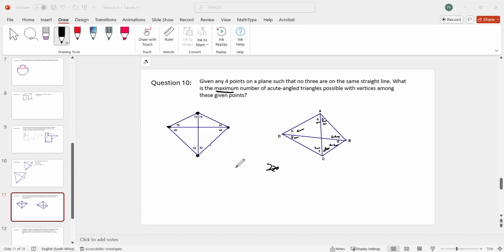If you work it out, you'll get a contradiction. I'm running out of time, so I don't want to go into that. But you can try to prove that it's not possible to have these 4 acute angle triangles. It's not possible, right?